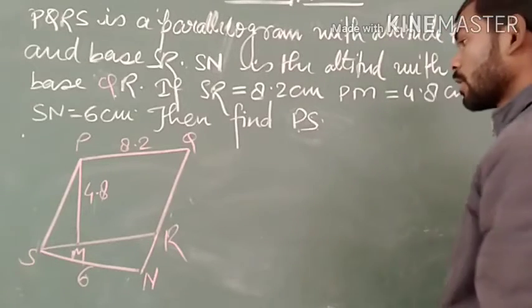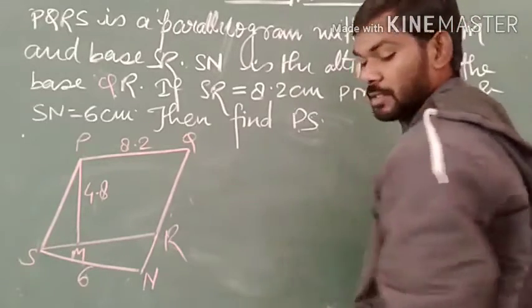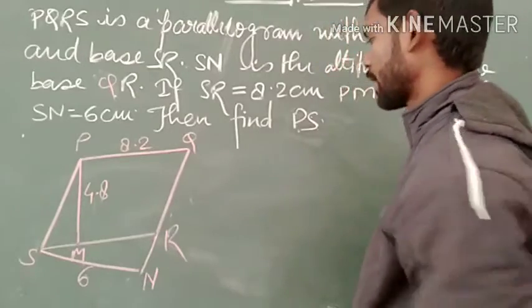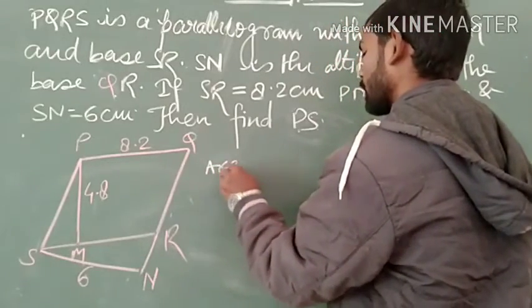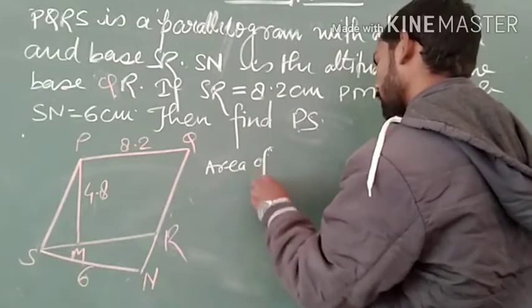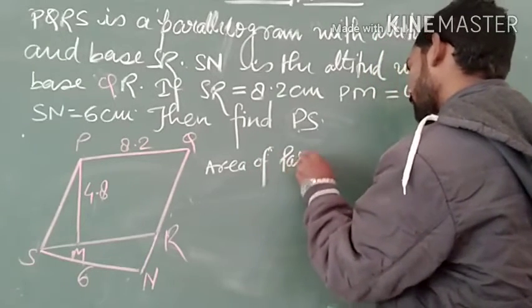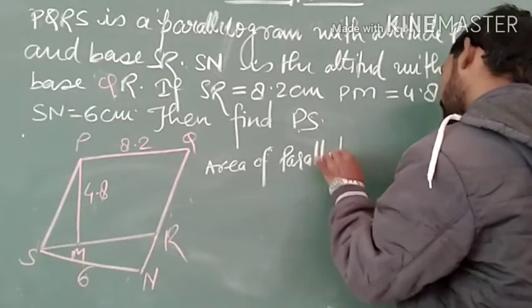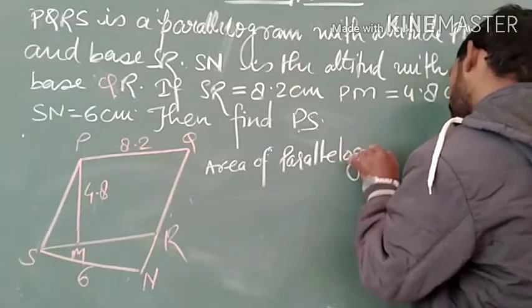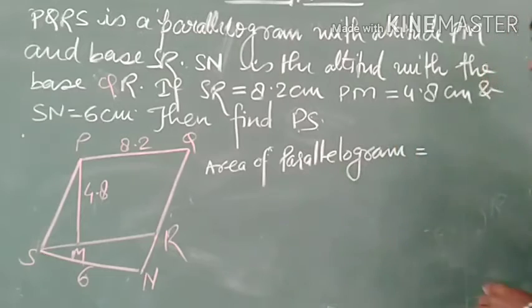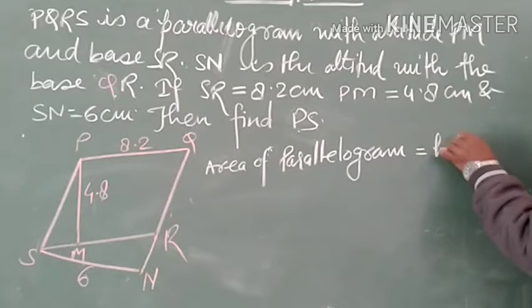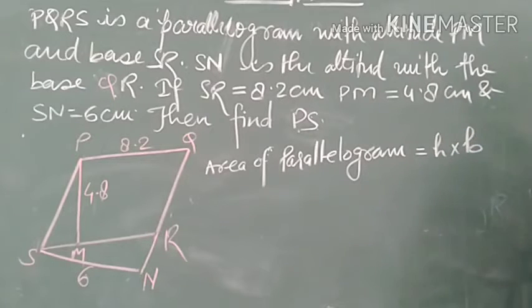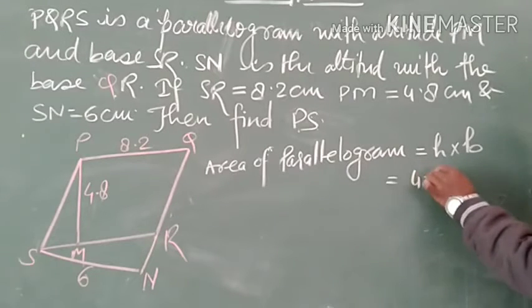Here we know that area of parallelogram is equal to H into B. The base is given, that is 8.2 centimeter, and H is 4.8 centimeter.